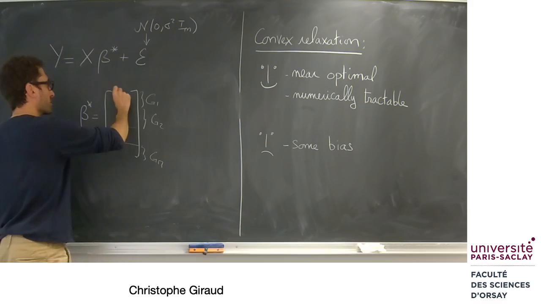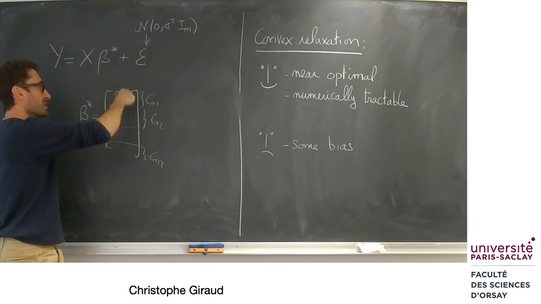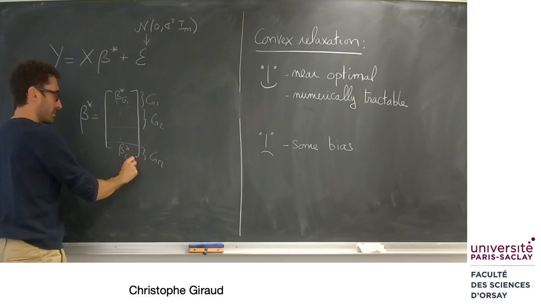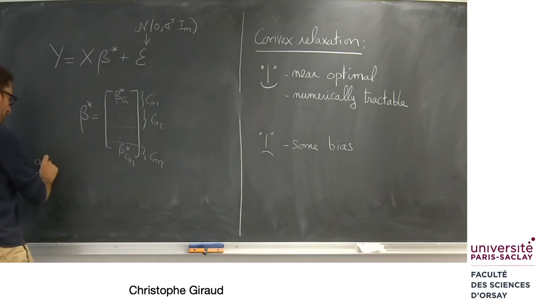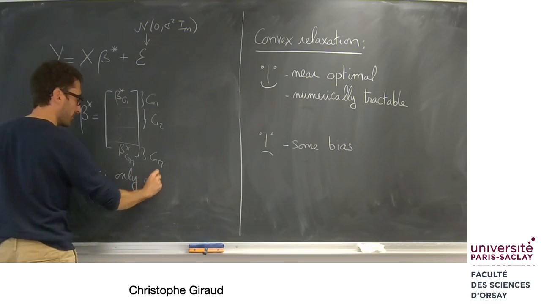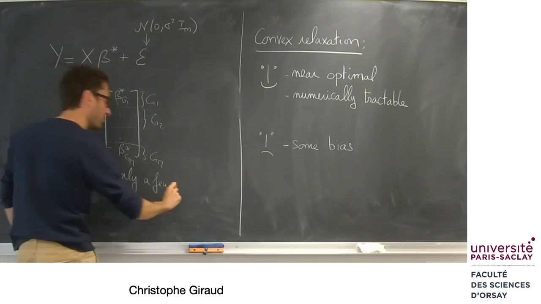So if I look here, I have beta star where I only keep the indices in G1, beta star in G2, in Gm, and we have group sparse regression if only a few groups of variables are non-zero.